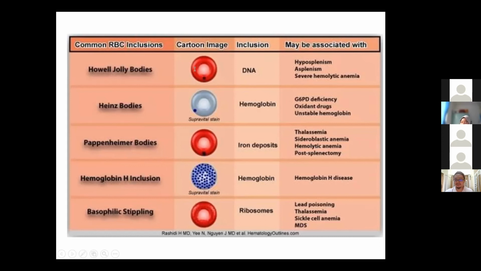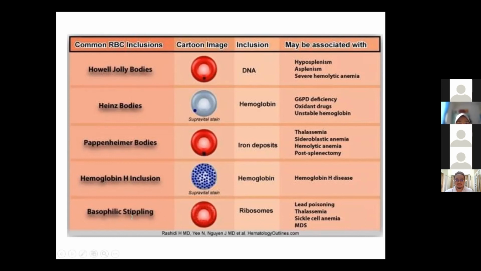So in the Howell-Jolly bodies, this is DNA, but in the Pappenheimer bodies, corresponding to thalassemia and hemolytic anemia, this is caused by iron deposits. And then we have hemoglobin H inclusion, again under supravital stain. There are a lot of granules that should not be there. It's actually clumps of hemoglobin.